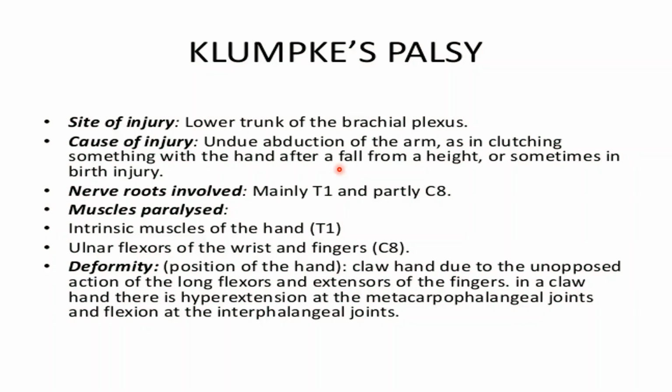So when there's an injury at the lower trunk, the muscles which are paralyzed are the intrinsic muscles of the hand and the ulnar flexors of the wrist and the fingers. Due to this, the deformity which is mainly seen is claw hand. Now, why does this claw hand occur? There is hyperextension at the metacarpophalangeal joints and flexion at the interphalangeal joints, which will manifest clinically as a claw hand.